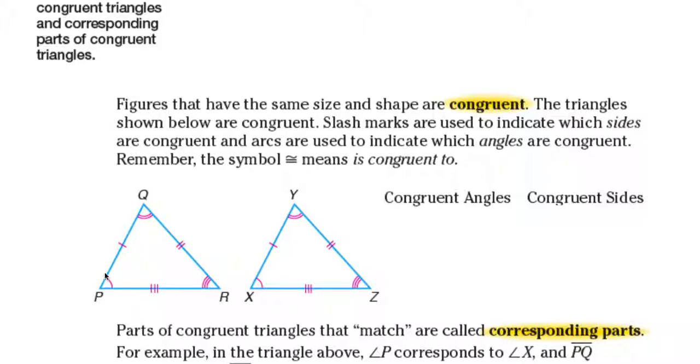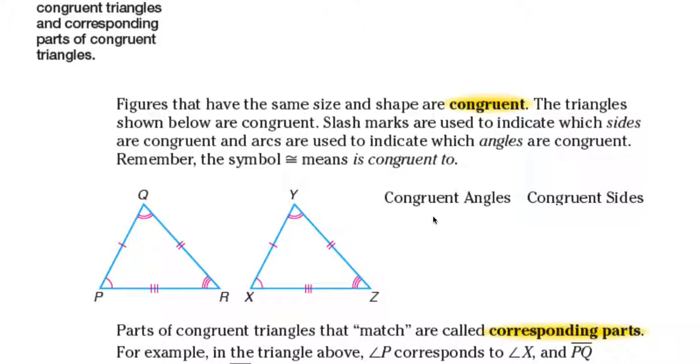In terms of the angles, this angle is congruent to this angle because they both have the same mark. This angle is congruent to that angle because they have two marks each, and angle R is congruent to angle Z because they have three marks each.